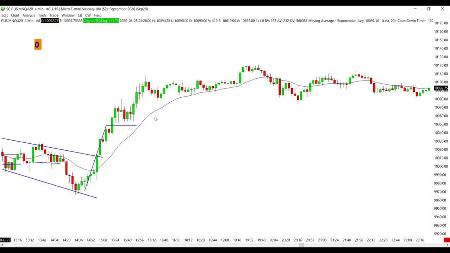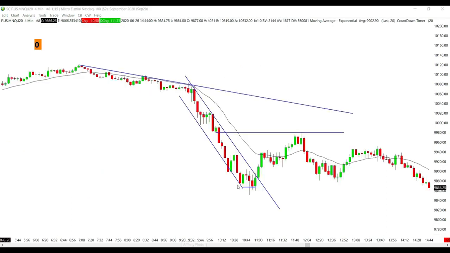Okay, guys, now let me show you another version of a 1, 2, 3. This version is a broken 1, 2, 3. The reason why is because a regular 1, 2, 3, right? We are looking for a lower high, or vice versa, a lower low. Now, this actually gives you a higher high, but notice how it can't close.